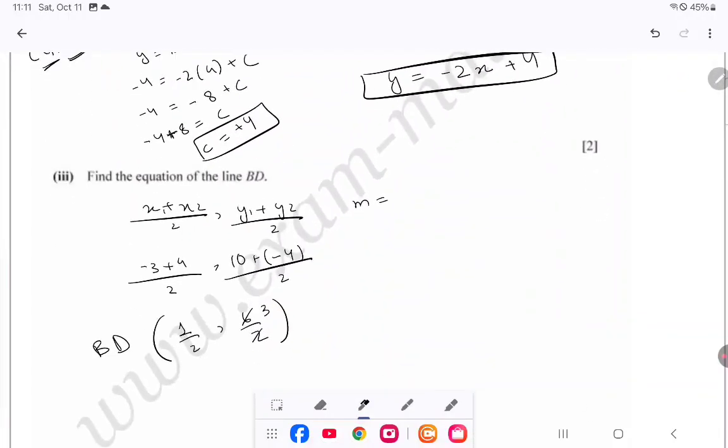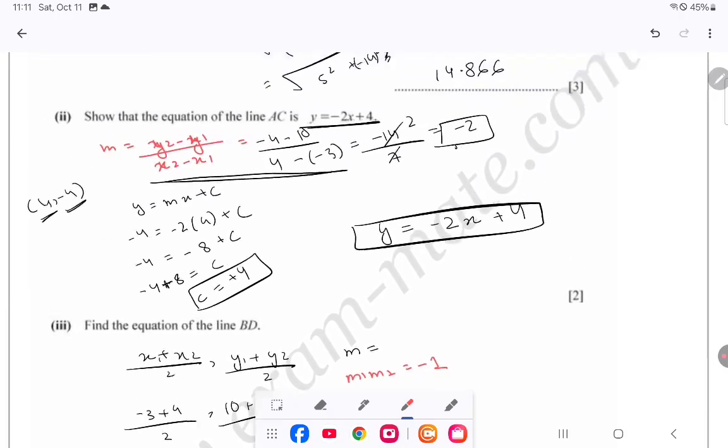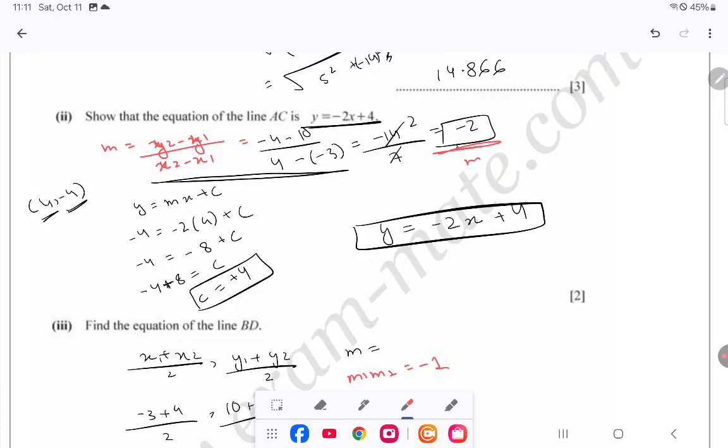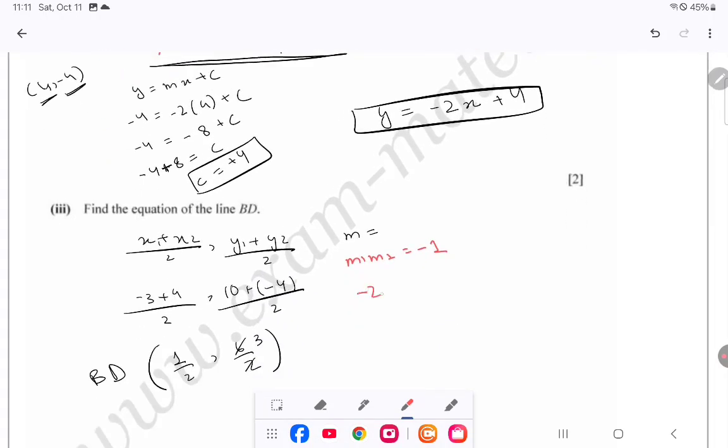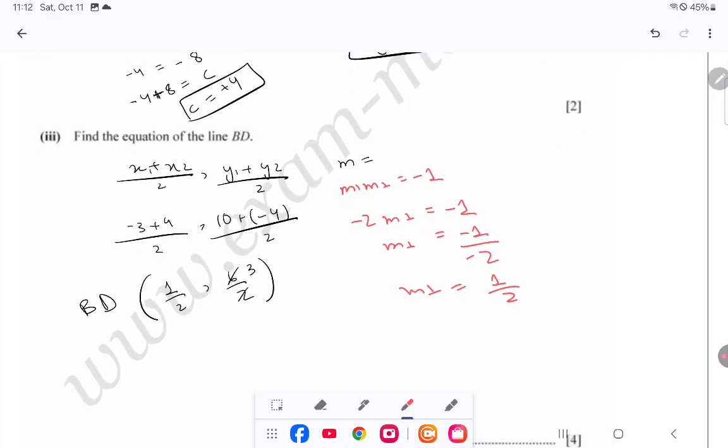So for perpendicular, the condition will become m1 times m perpendicular is equal to negative of 1. M1 we just calculated right here. This is our m1. Negative of 2 times m is negative of 1. Now the slope will become negative of 1, divide both sides by negative of 2. It will become positive of 1 over 2, half.